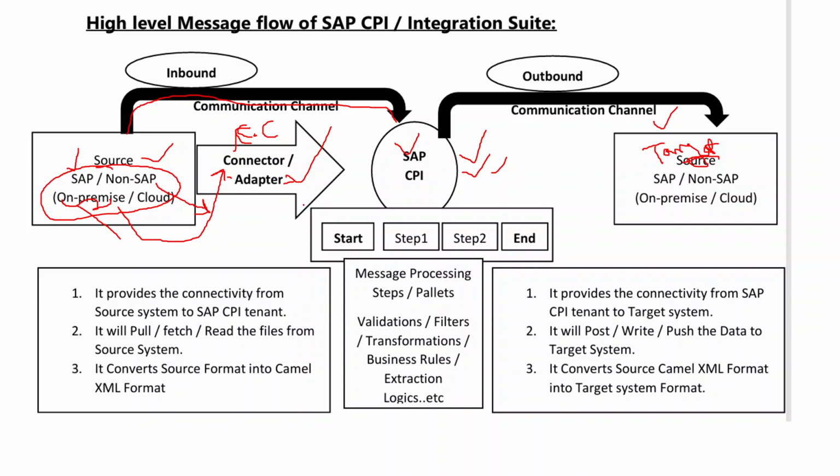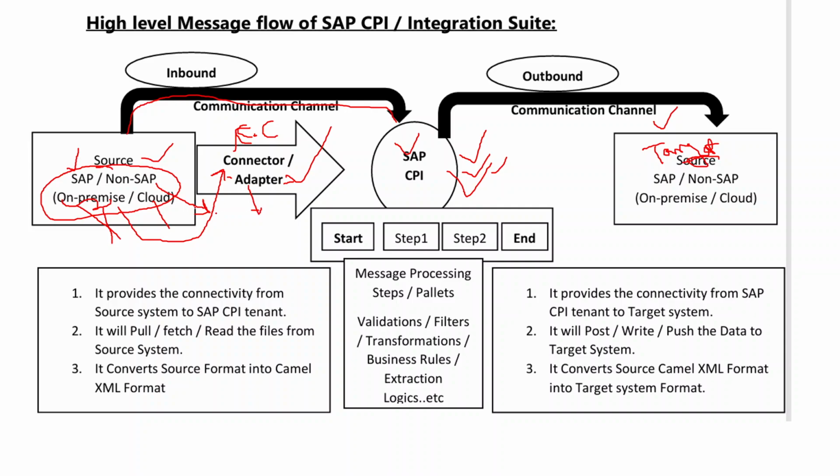First try to understand the high-level message flow and the use case of our integration suite, SAP CPI capability. Now it is clear, right? So our integration suite is capable of connecting with both cloud-based applications as well as on-premise applications. If it is cloud, then we are going to use an adapter.